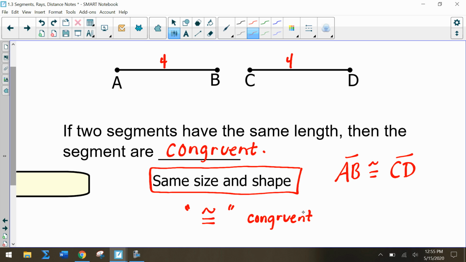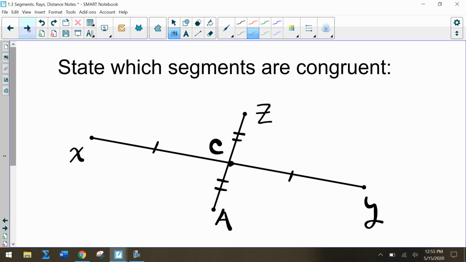So we can mark congruence on a diagram. And notice how we have tick marks on this diagram. Okay. So we have two line segments. We have XY and ZA, and they intersect at point C. But notice how from X to C, we have this single tick mark, and then from C to Y, we have this single tick mark. So if we see two segments with the same tick mark, that means these segments are congruent.